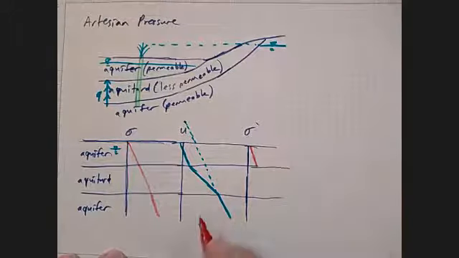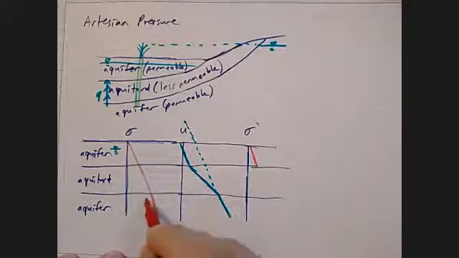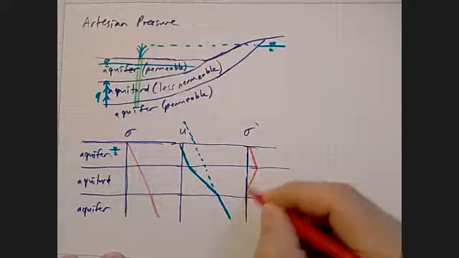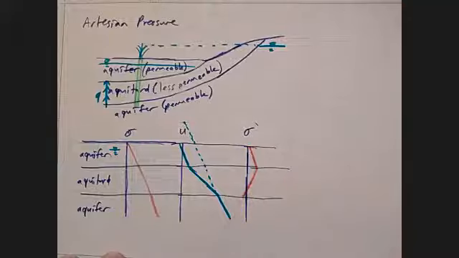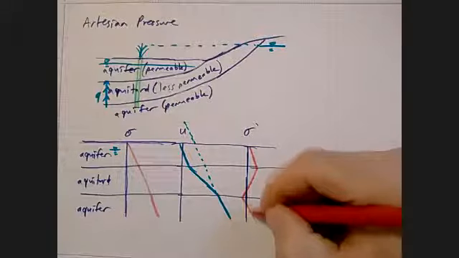If your water pressure is even bigger than the total stress, you can even go to a negative value there. You can have something like this, for example.